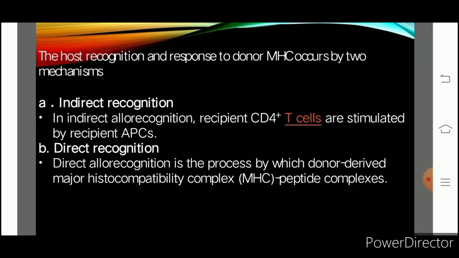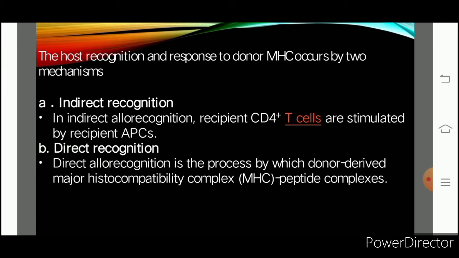Some of an allogeneic graft's component proteins are shed into recipient tissues and picked up by recipients' APCs, or recipient APCs may penetrate the graft itself as cells die. Because most of these donor proteins are expressed by monomorphic genes within a species, peptides from these donor proteins are considered self. So let's proceed to the direct recognition.